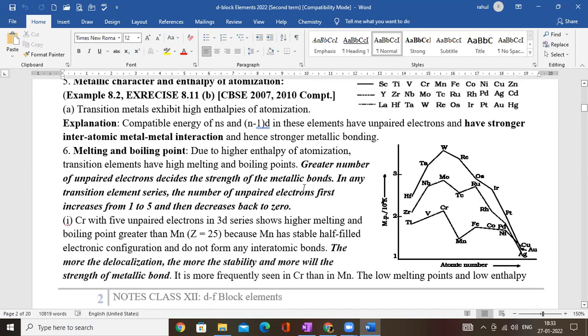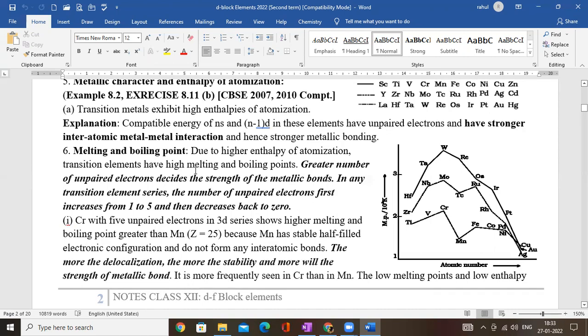Now, as I said, all the properties depend upon enthalpy of atomization. For example, melting and boiling point. When I'm talking about melting and boiling point, they have a huge melting and boiling point. Why?